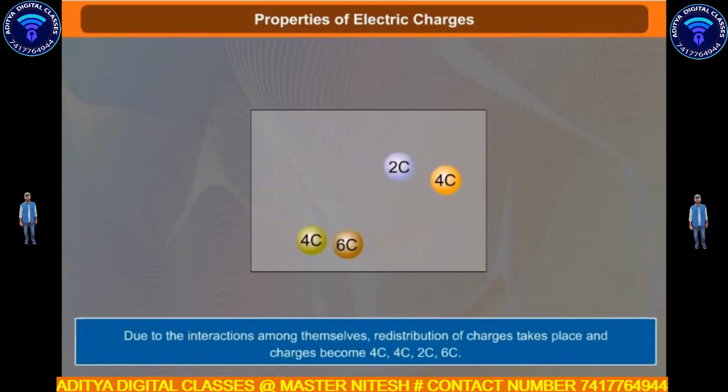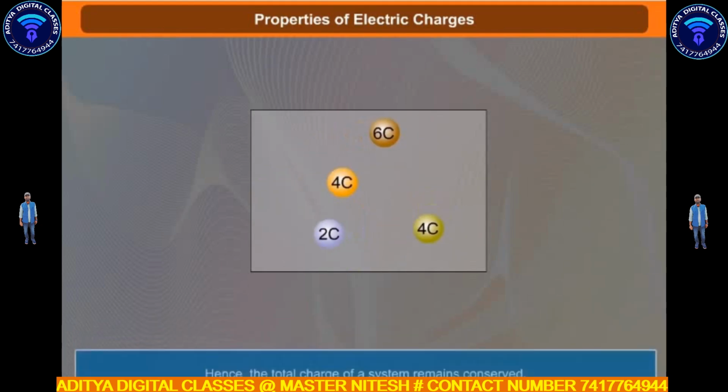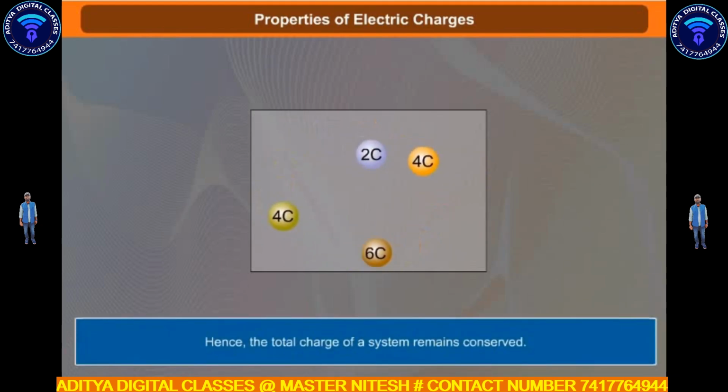Due to the interactions amongst themselves, redistribution of charges takes place and charges become 4 coulomb, 4 coulomb, 2 coulomb, 6 coulomb. Now, the total charge of the system is equal to 4 plus 4 plus 2 plus 6, which is equal to 16. Hence, the total charge of a system remains conserved.